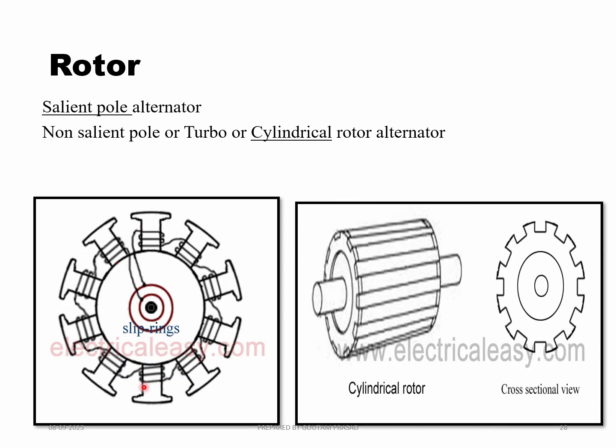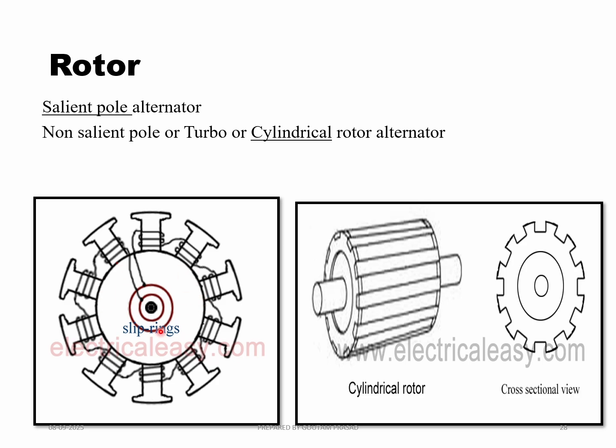As you can see, the rotor poles are protruded and projected towards the periphery of the rotor, and this is called the salient pole type of rotor. Whereas the cylindrical pole rotors are flat, and they have larger axial length.